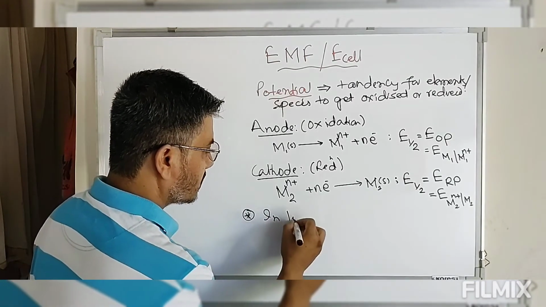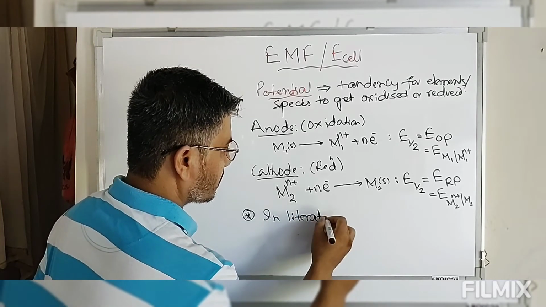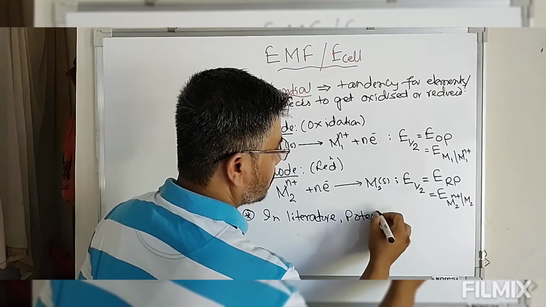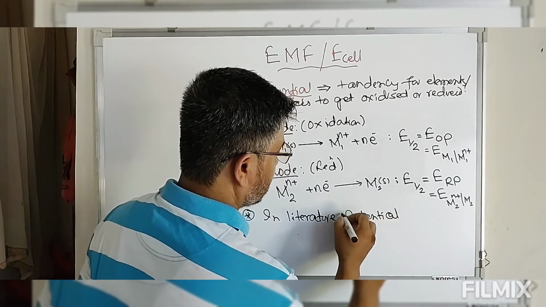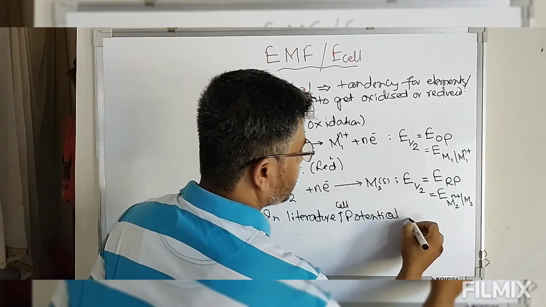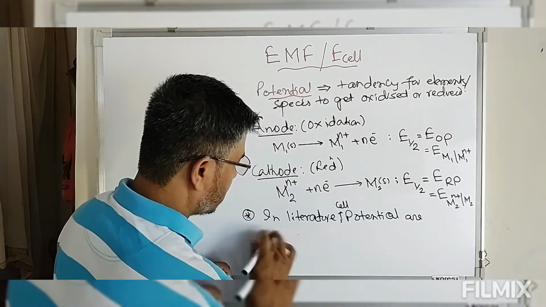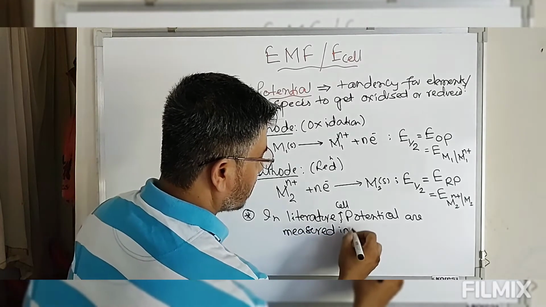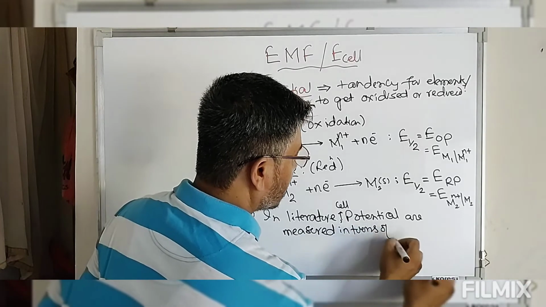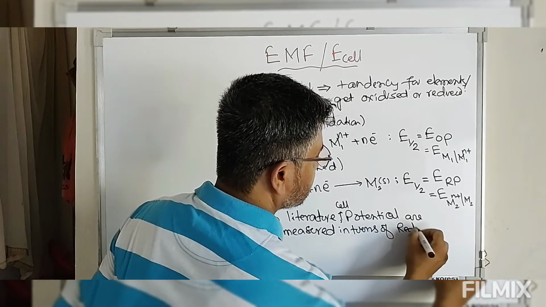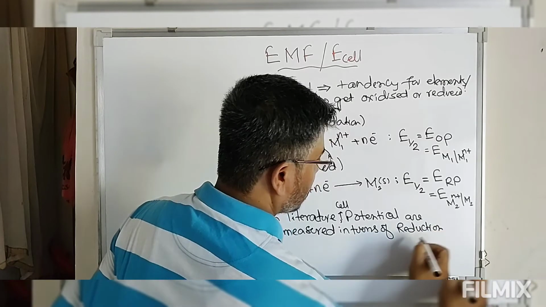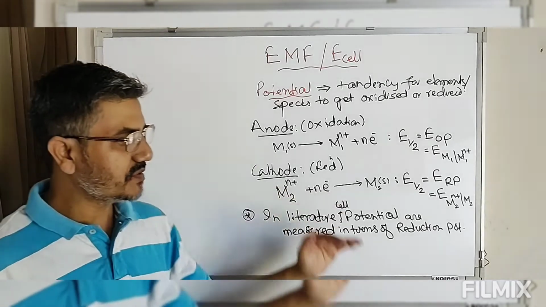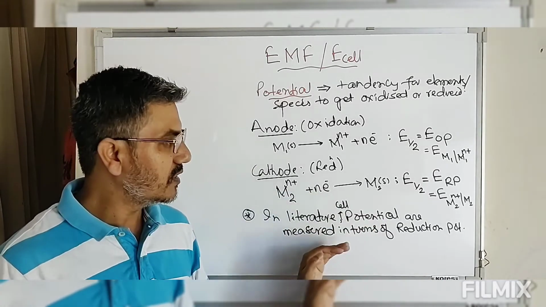In literature, cell potentials are measured in terms of reduction potential. So whatever values are mentioned in the literature book, they are in terms of reduction potential.